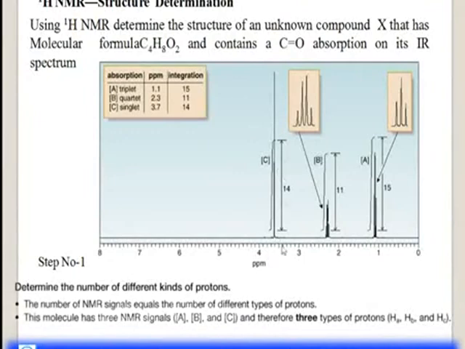And this is another signal observed at approximately 3.7 delta, and the integrated area is 14. So in total there are 3 signals: a triplet A with integrated area 15, a quartet B with integrated area 11, and a singlet with integrated area 14.